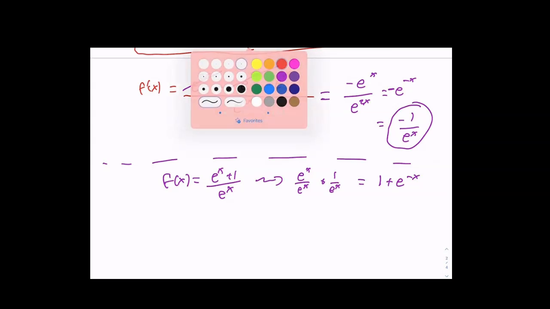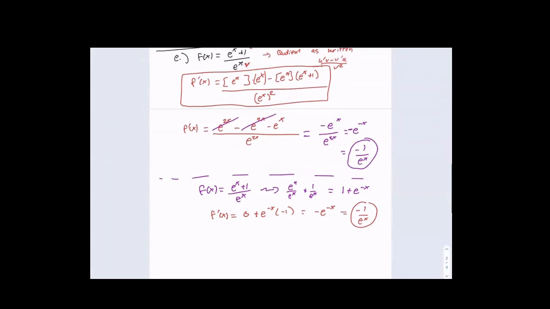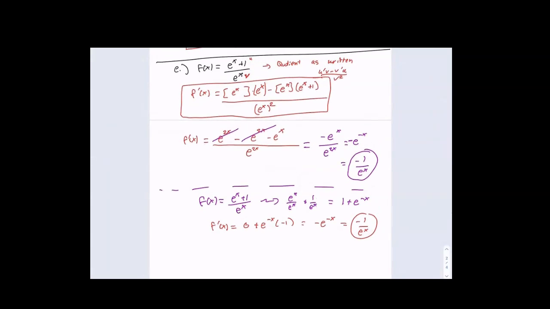This is an alternative. So f prime of x would be 0 plus e to the negative x times the derivative of negative x, which is negative 1, which gives me negative e to the negative x, which is negative 1 over e to the x. The power of algebra.